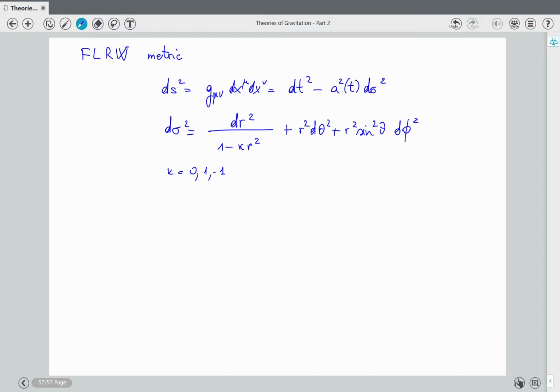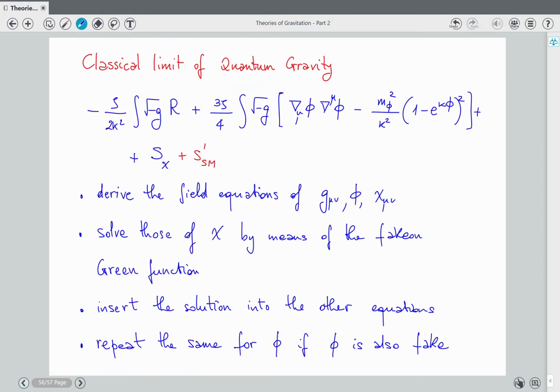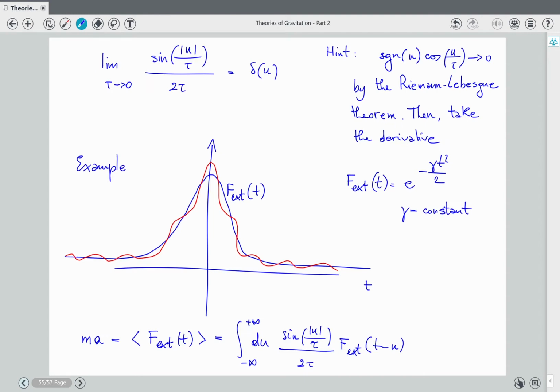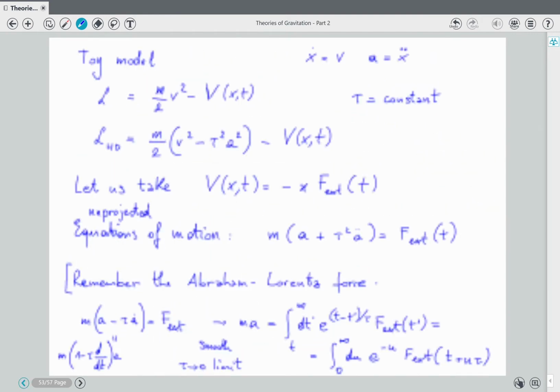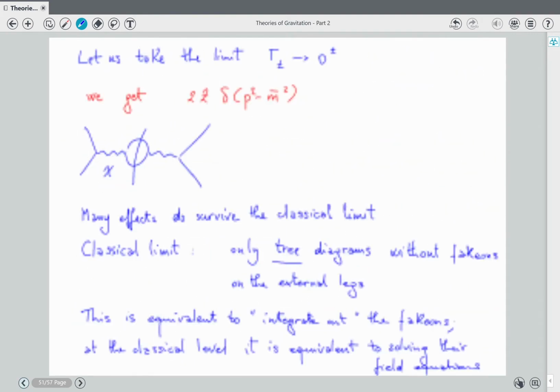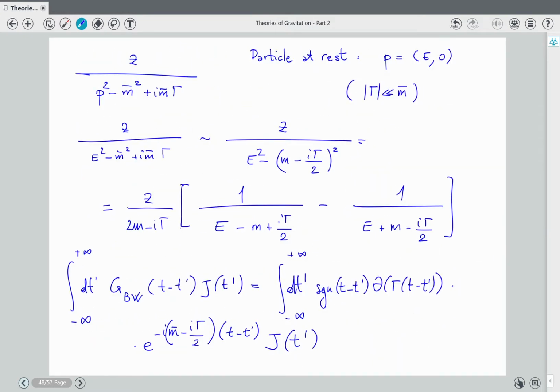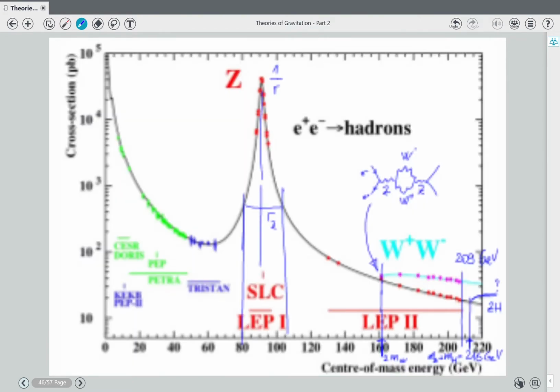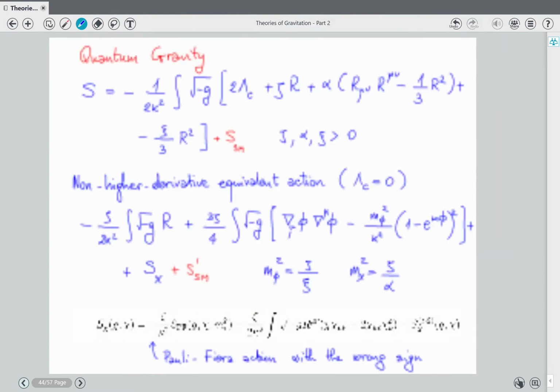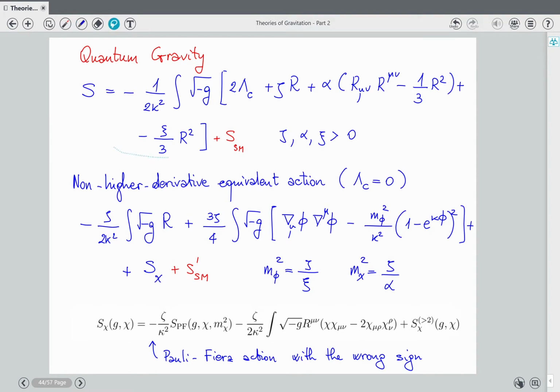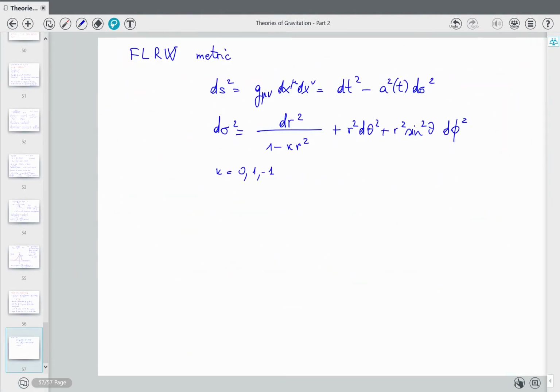So you just insert this into the equations, and actually here we prefer to use the higher derivative form of the action. We can use both. In this case, let me give you the formulas of the equations for this action, and we see what happens when we project them.